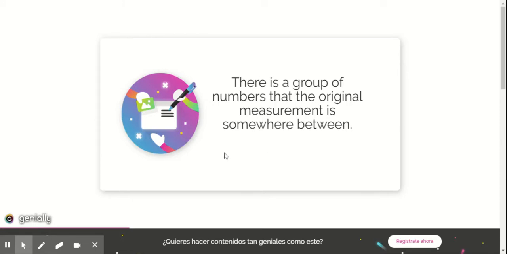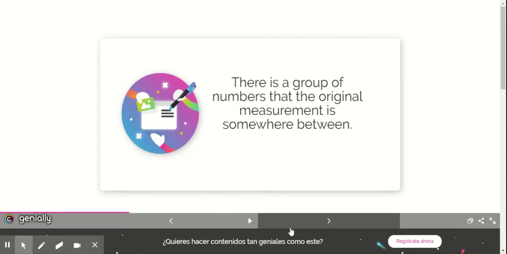If we talk about, I don't know, a ruler, for example, a thermometer, how we measure the fever, for instance, all these are approximate.